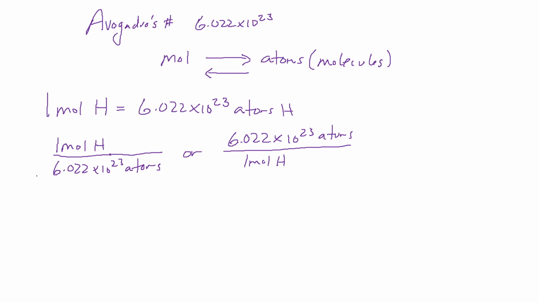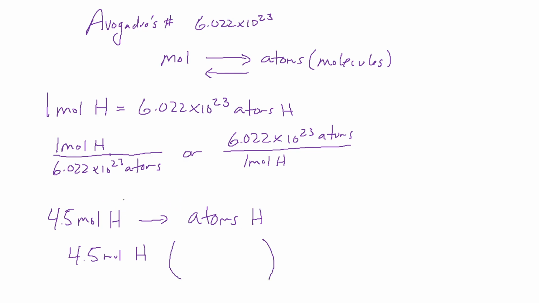So for example, if I said I had 4.5 moles of hydrogen and I want to know how many atoms of hydrogen that is, we would do a conversion factor: 4.5 moles of hydrogen. And just like dimensional analysis here, remember, not really written as a fraction, but moles are up on top, opposites cancel.